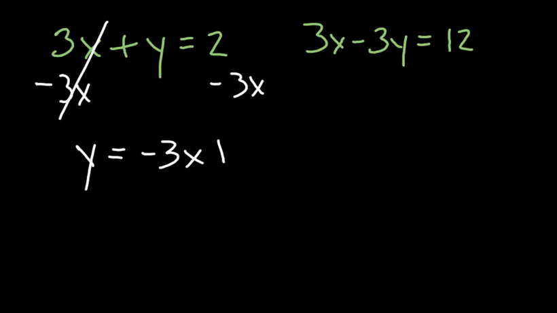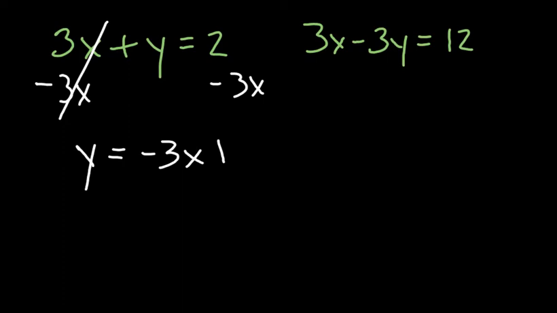Same thing on the next equation, it's not in slope-intercept form. We want it to be, so we have to rewrite it. We want y equals, so get rid of the x thing first, minus 3x. So that's -3y equals -3x plus 12.